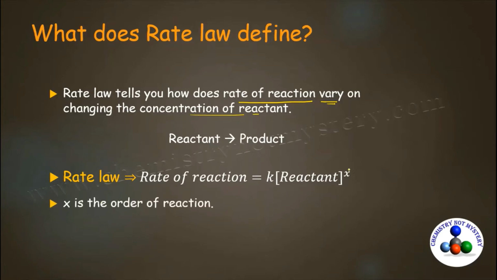Here, x is the experimentally determined quantity and it is the order of reaction. For example, if the value of x is 1, the order of reaction will be 1. If the value of x is equal to 2, the order of reaction will be 2. If the value of x is equal to 0, in that case the order of reaction will be 0.